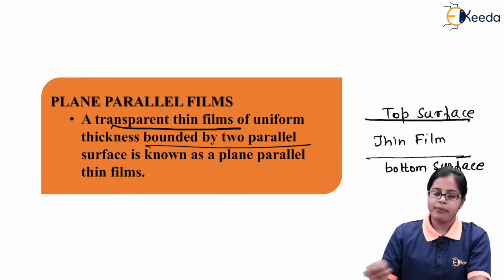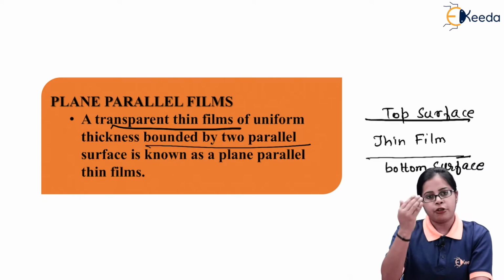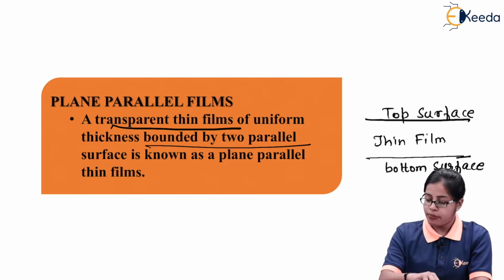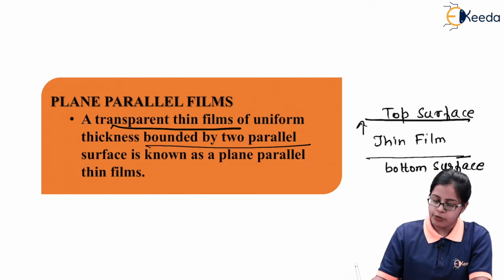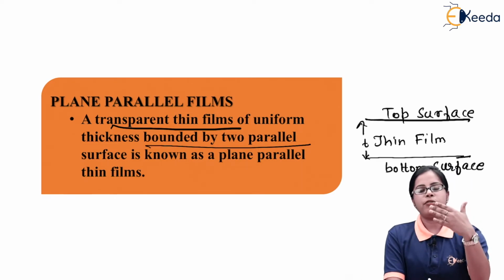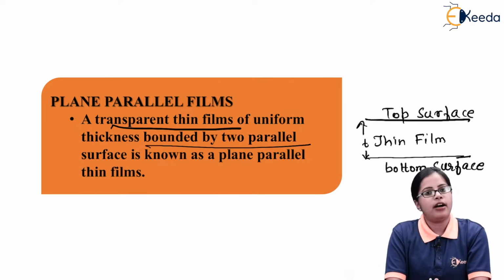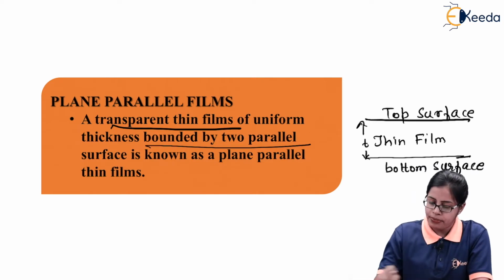So this is the way we make a plane parallel film. Whenever we talk about a plane parallel film, it should be transparent, of a certain uniform thickness. I can consider the thickness to be small t, and this film is bounded by two plane surfaces, the top and the bottom one. This is how we talk about the plane parallel film.